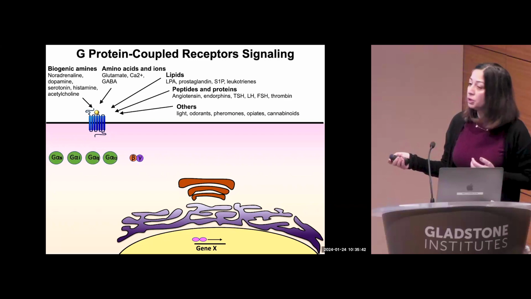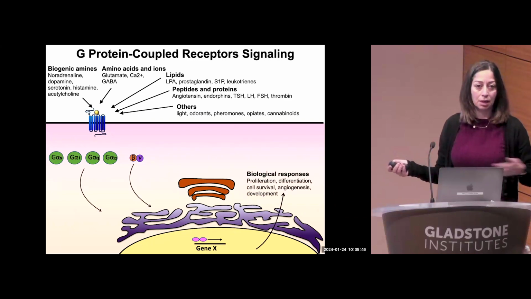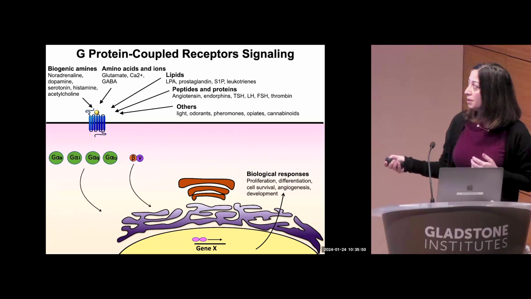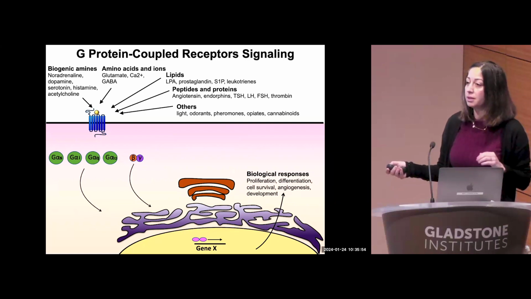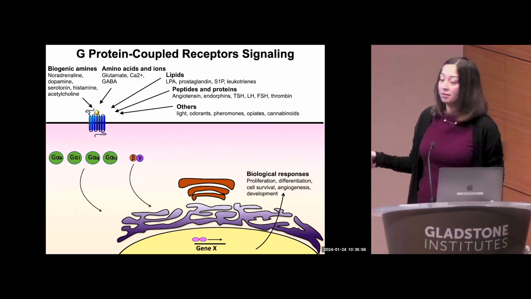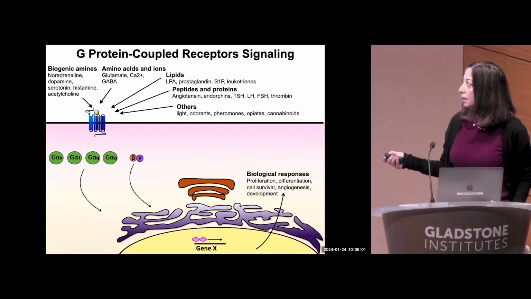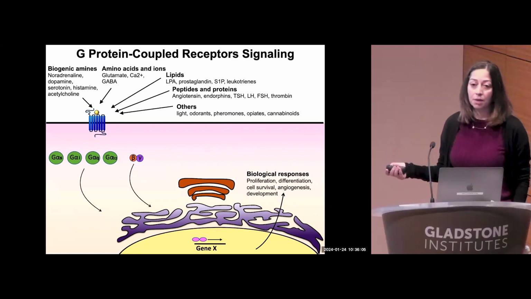Depending on which type of G proteins are coupled to these receptors, you get different signaling pathways activated. The G alpha subunits are the main downstream modulators of this activation, and they are divided into 4 different isoforms or subtypes. Depending on which one of them is coupled to which GPCR, you get a different type of cellular response.